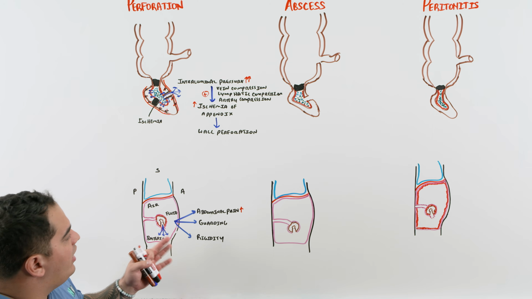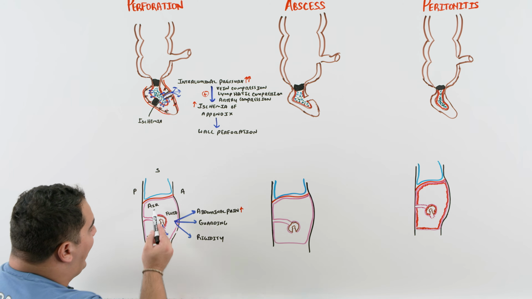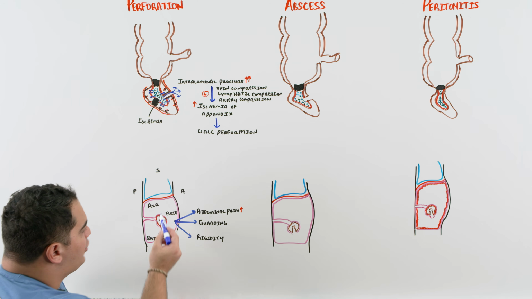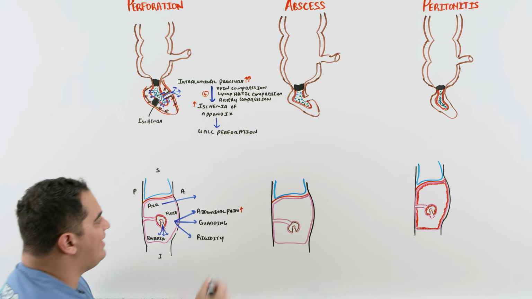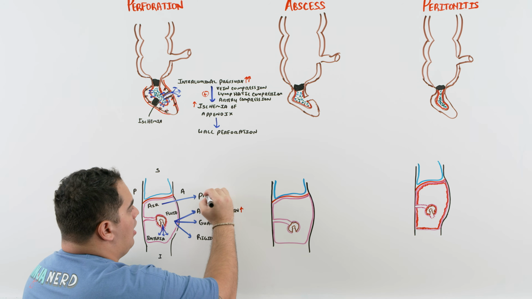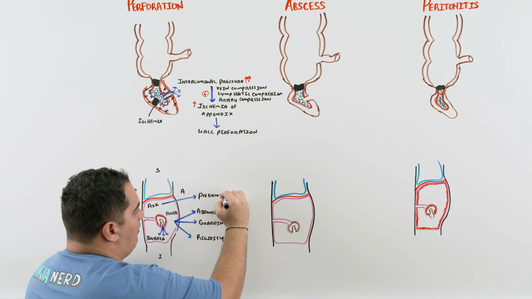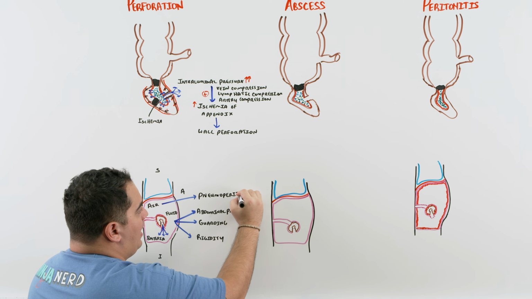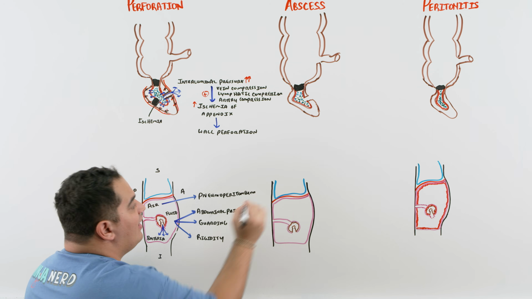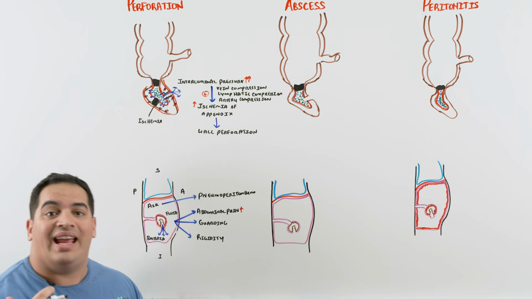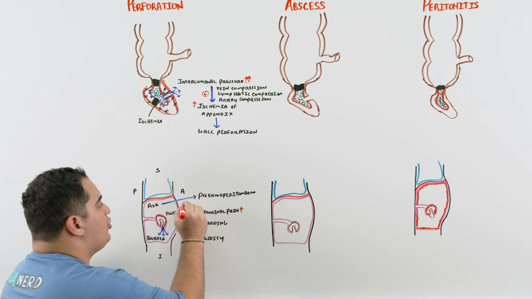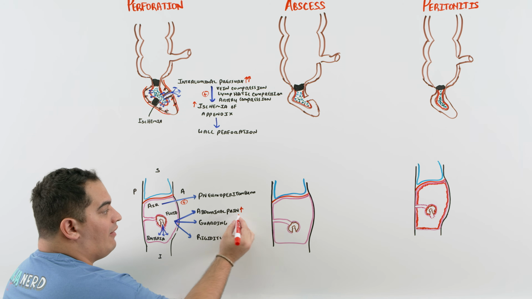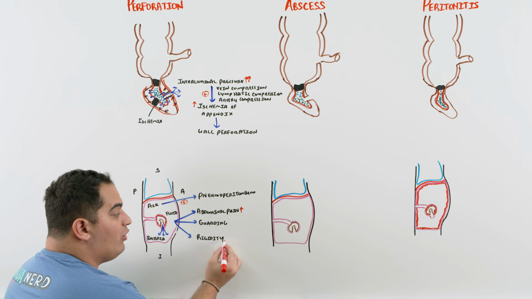The other thing I would really also watch out for is especially air. When air leaks into the actual peritoneum, we call it a pneumoperitoneum, and this can be identified sometimes, especially off of imaging. And so this is not necessarily a clinical finding, it's more of an imaging finding that could be potentially found. So watch out for potential pneumoperitoneum, watch out for an increase in abdominal pain, guarding, rigidity.